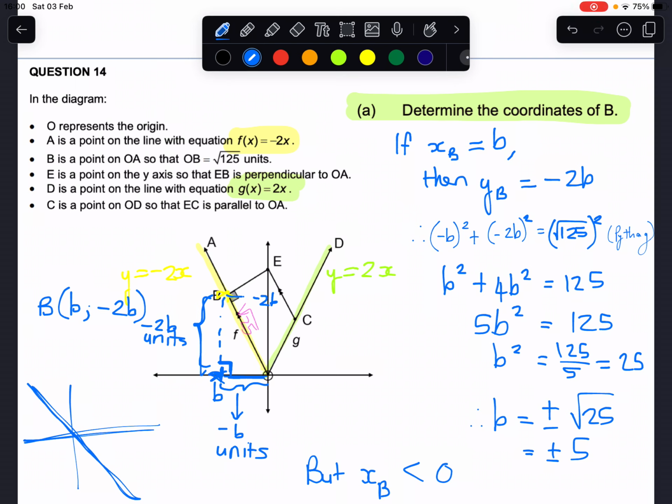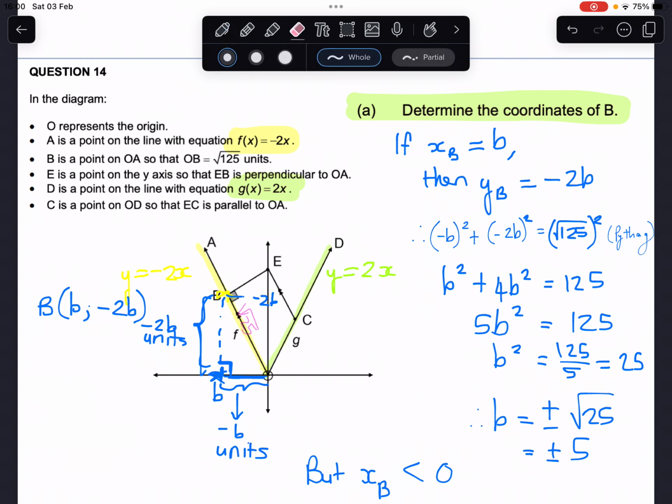Yeah, it's just kind of suggested to us that way, that b is above the x-axis, right? Yeah, so all I'm trying to say is that it's not a reach to say that we definitely know that b is on the left hand side of the x-axis, right? And therefore its x-coordinate is negative, so therefore b is actually equal to negative 5.